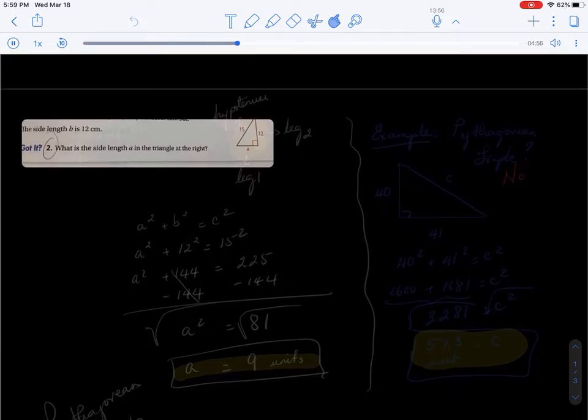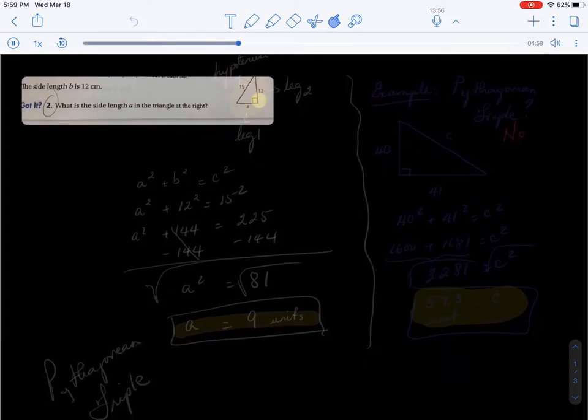Okay, let's look at a different scenario. I noticed that there's a right angle. I also notice there is the hypotenuse, and this is leg 1, and that is leg 2. The question asks me to find one of the legs.